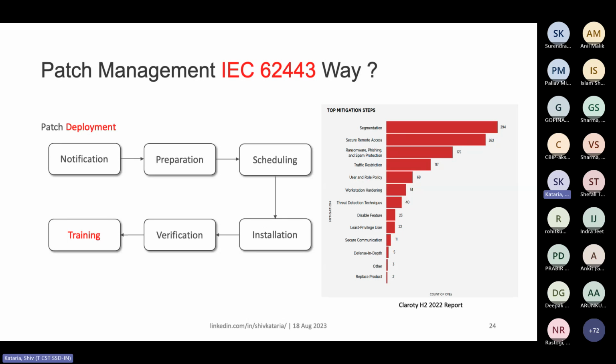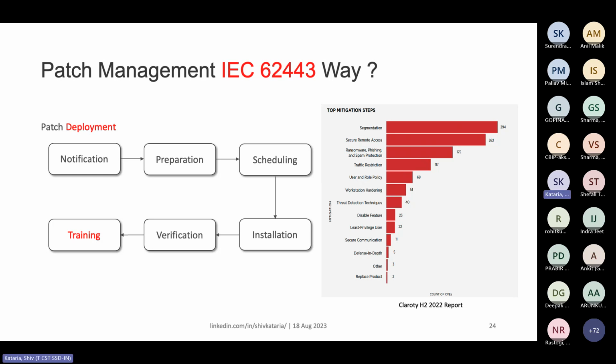So this is one graphic just for clarity. It says the top mitigation steps, and first of them is the network segmentation itself. So in most cases when you are doing vulnerability management, it gets fixed by segmenting the network itself. You don't require anything else.